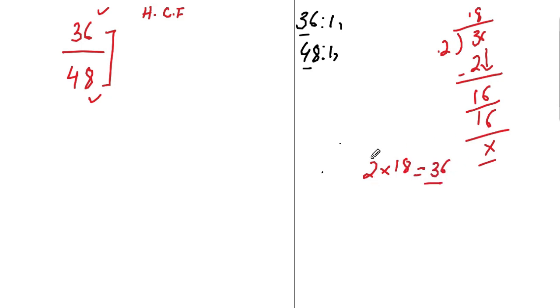Understand? So now 2 and 18 both are factors of 36. The numbers whose product gives you 36 are the factors of that number. So writing here 2 and then writing 18 at the end. Why am I writing 18 at the end?